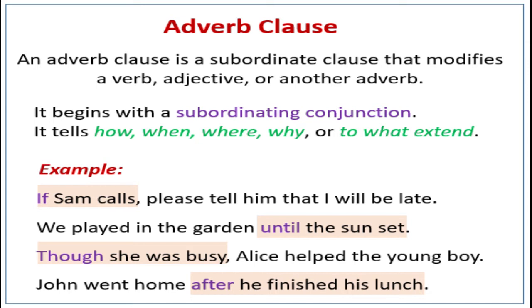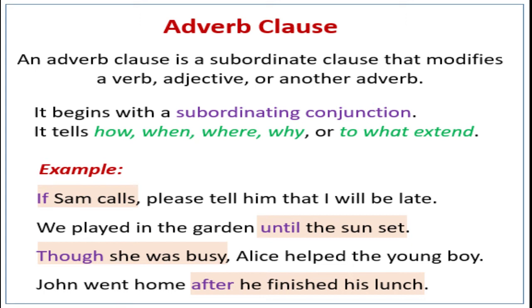And the next one, though she was busy, Alice helped the young boy. Alice helped the young boy is the main clause, and though she was busy is the subordinate clause. It's a dependent clause. It depends on an independent clause. It cannot stand on its own. And your adverbial clause is beginning with though.